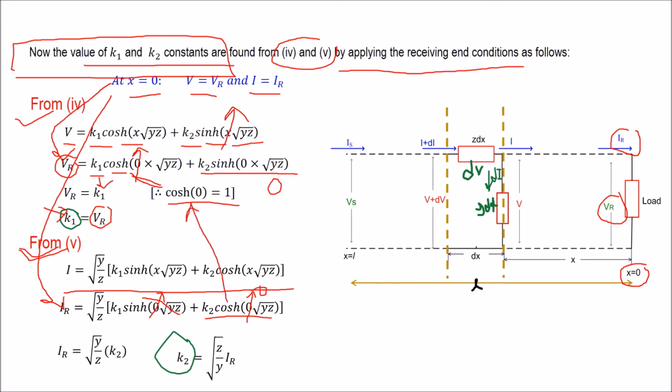So we can write IR equal to √(y/z) multiplied by K2. From here we get K2 equal to √(z/y) multiplied by IR, right?